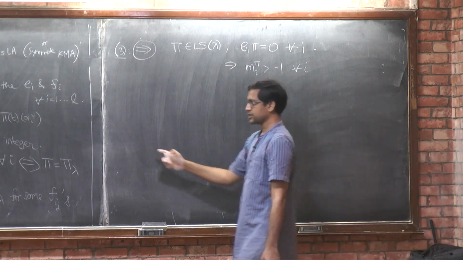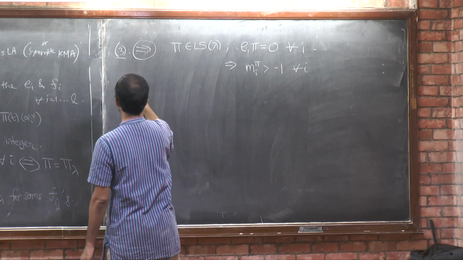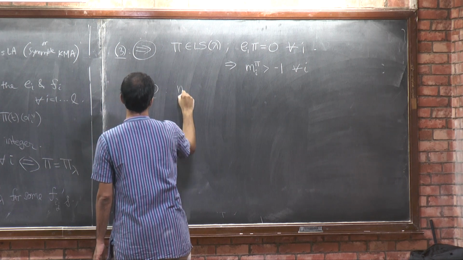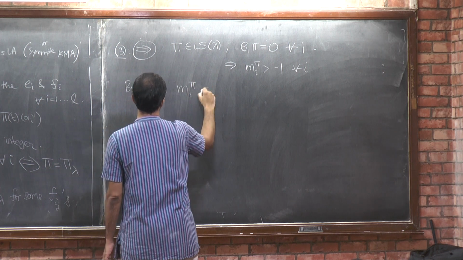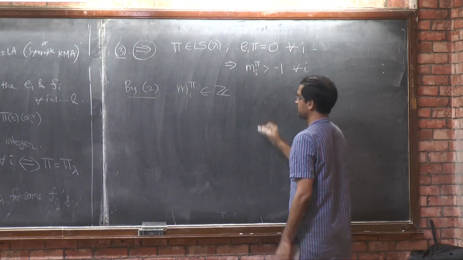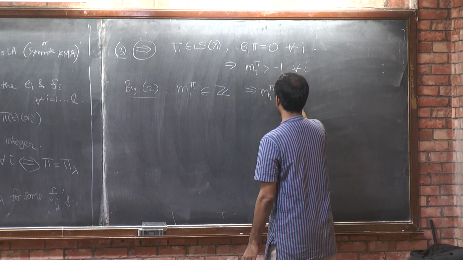Now I'm going to assume 2. So by 2, what do I know? I know that these minima are actually integers, and the minimum is greater than minus 1, therefore it's actually 0 or more.